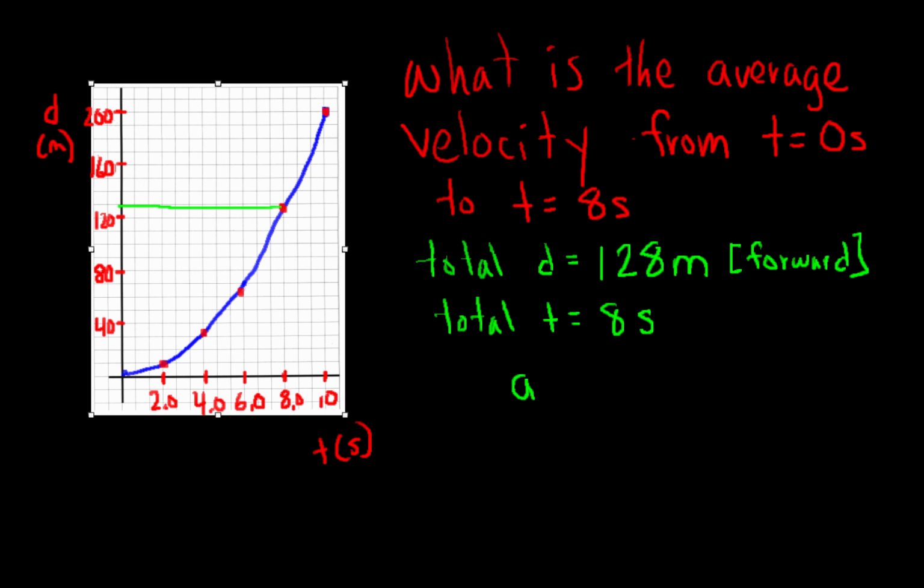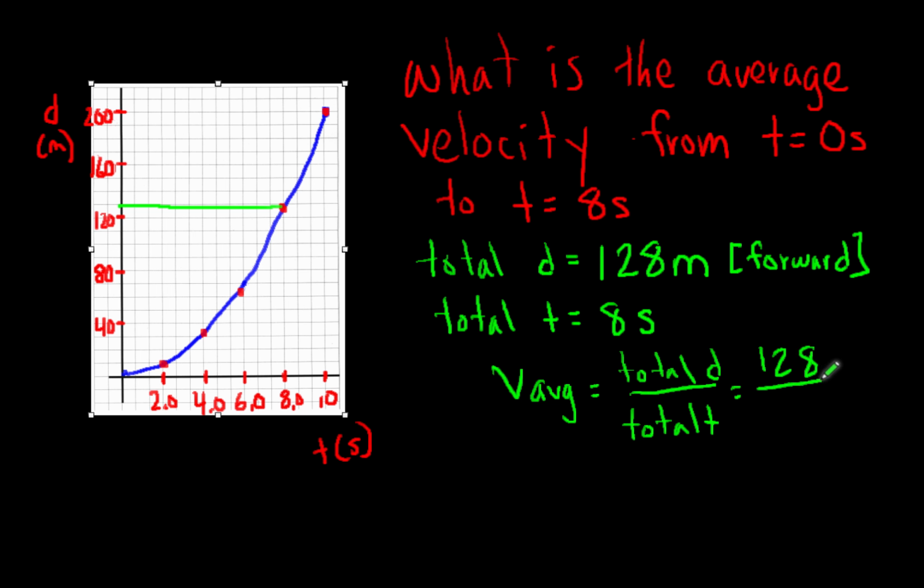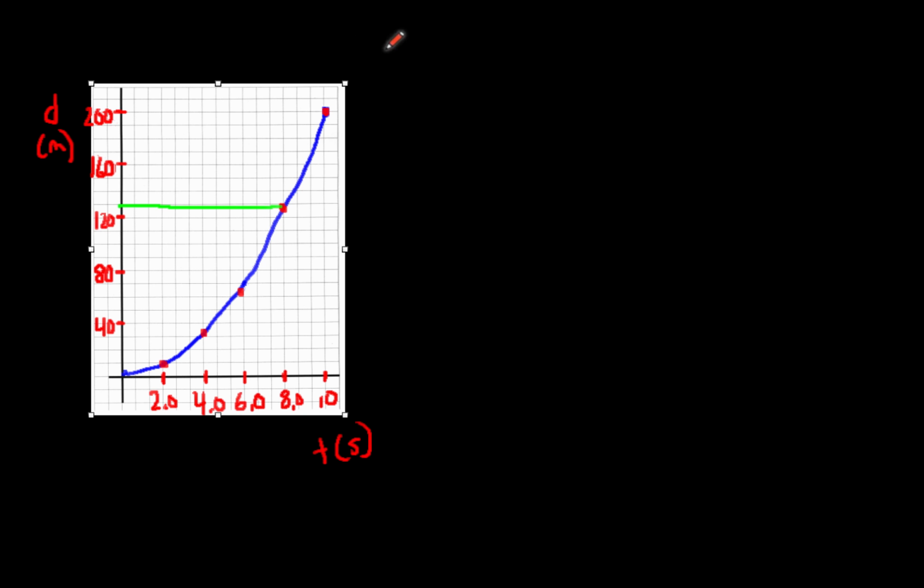The average velocity is always calculated using total displacement divided by total time. In this example, it's 128 divided by 8, which is 16 meters per second. We're going to find that the average velocity is completely different from the instantaneous velocity.